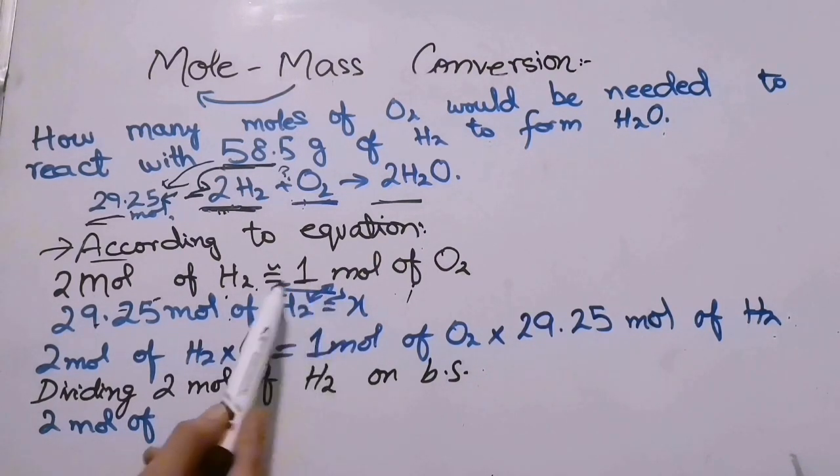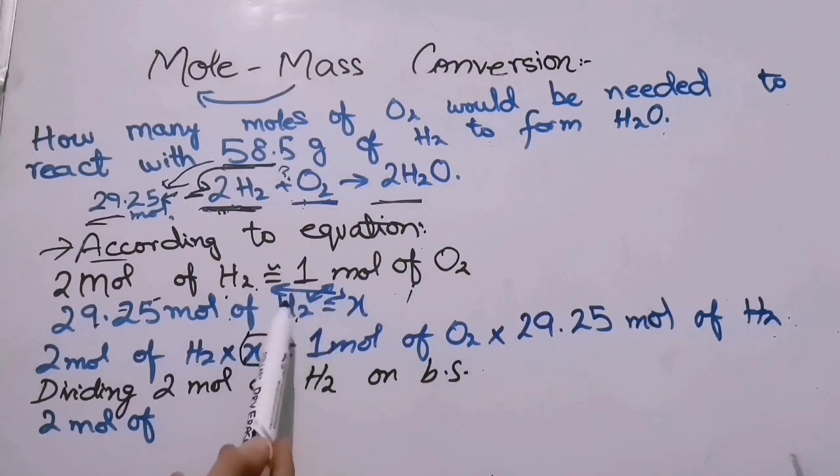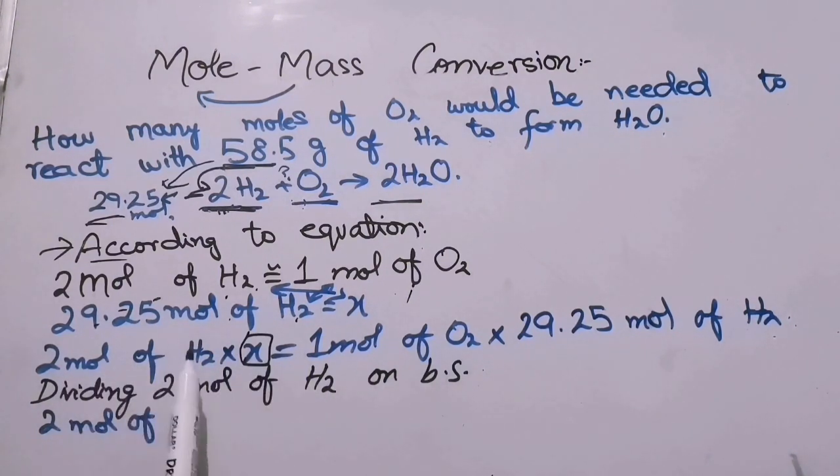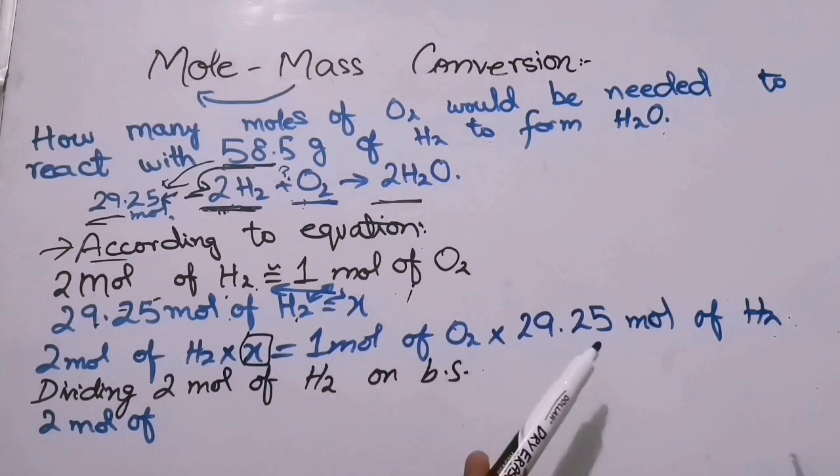So we will do cross multiplication. After doing the cross multiplication, we will get this equation as 2 mole of H2 multiplied by X, which will be equal to 1 mole of O2 multiplied by 29.25 mole of H2.